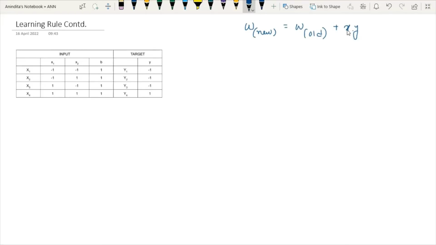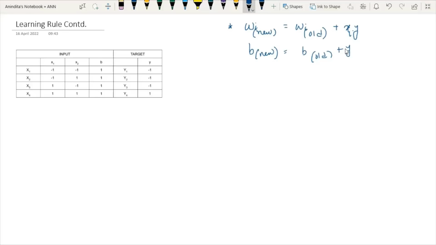So if I want to find out w_i, the new set of weights, then we have to consider the old set of weights and the set of inputs and outputs. Additionally, you have to remember one point: not only updating the weights, we also have to update the bias. According to the Hebbian learning rule, if you want to update the new bias value, the formulation will be the same. We have to consider the old bias value and then we have to consider the output. So this is the basic consideration.